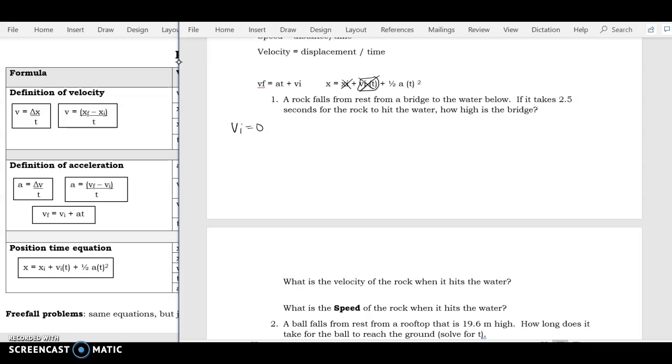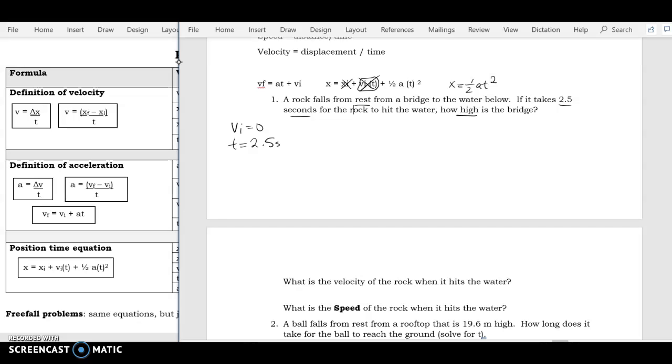So now the formula up here says x equals 1/2 at squared. When something is dropped, the formula becomes a lot shorter. So it says when a rock falls from rest on the bridge to the water below, if it takes 2.5 seconds, so the time is 2.5 seconds, for the rock to hit the water, how high?